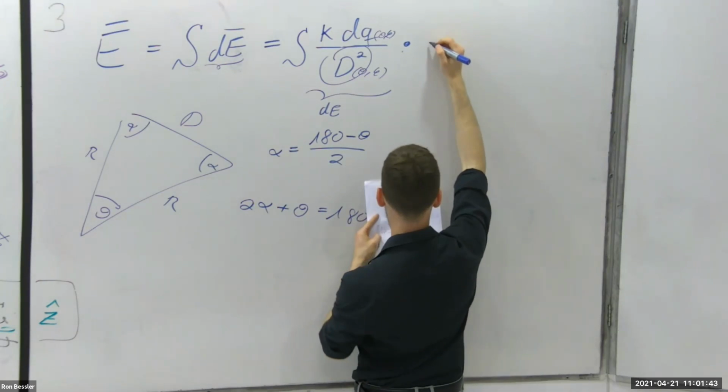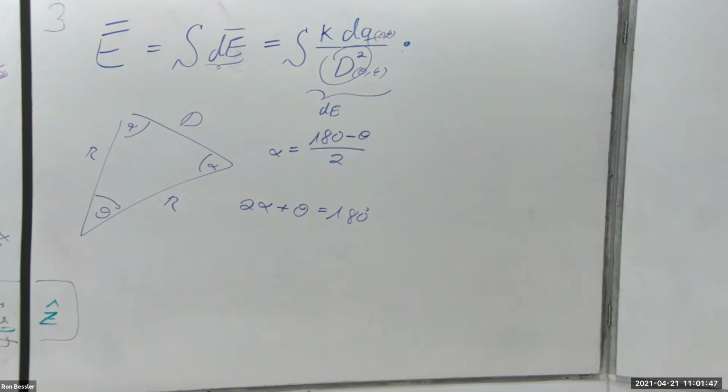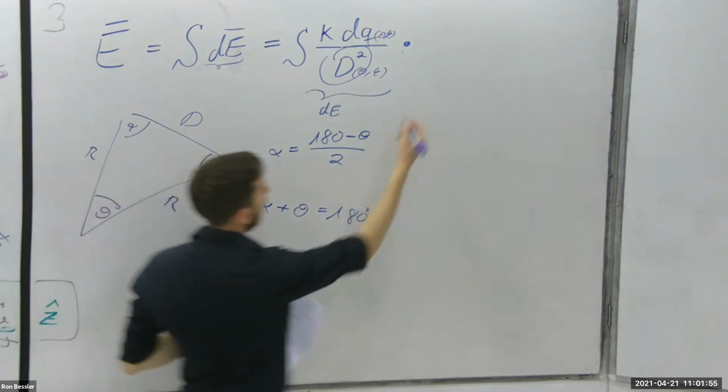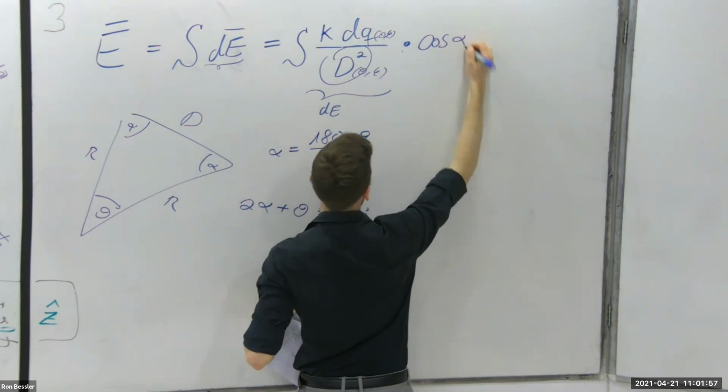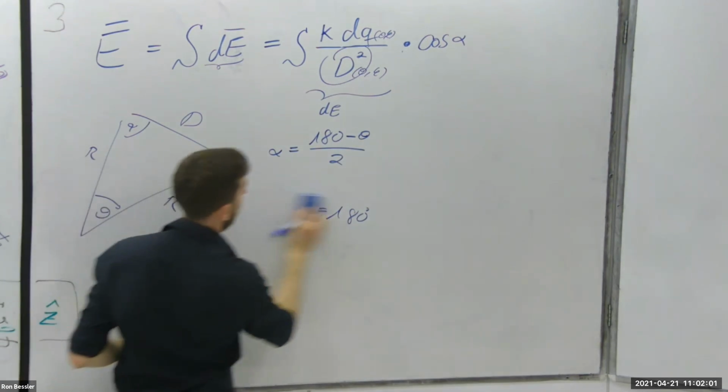Oh, wait a second. Sorry, this is not alpha, this is alpha. Are you with me? I had a mistake, something looked wrong. So this one is cosine alpha, okay? I'm cleaning this so you can see it.